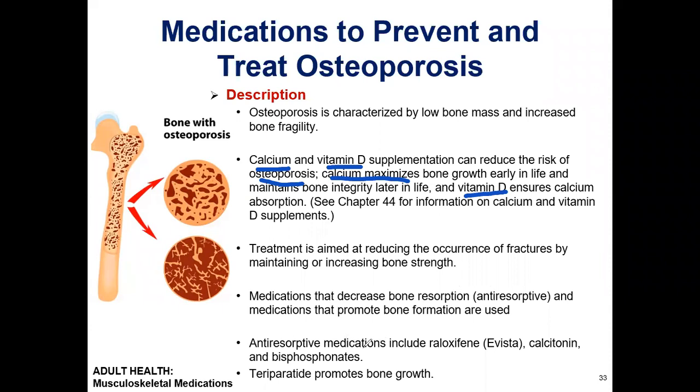Anti-resorptive medications include raloxifene, calcitonin, or bisphosphonate, which is the drug of choice, right? The three drugs: one is calcitonin, one is bisphosphonate, and raloxifene.